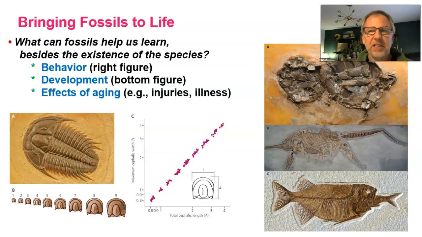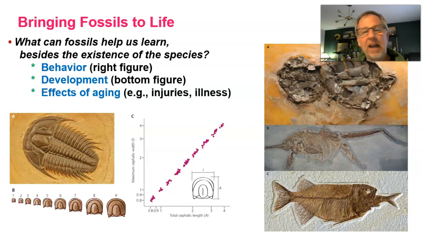We can also see something like predation. Look at the bottom image on that figure to the right. There's a fish eating a fish. The middle image I haven't mentioned yet is an ichthyosaur, a fossilized marine reptile, that was in the process of giving birth and shows some embryos or fetuses inside of it.